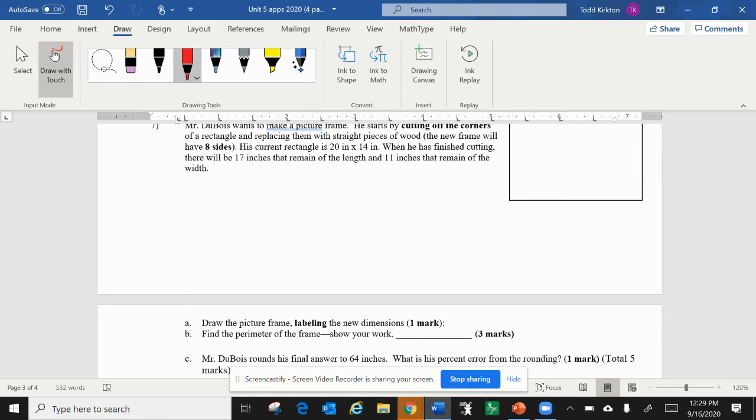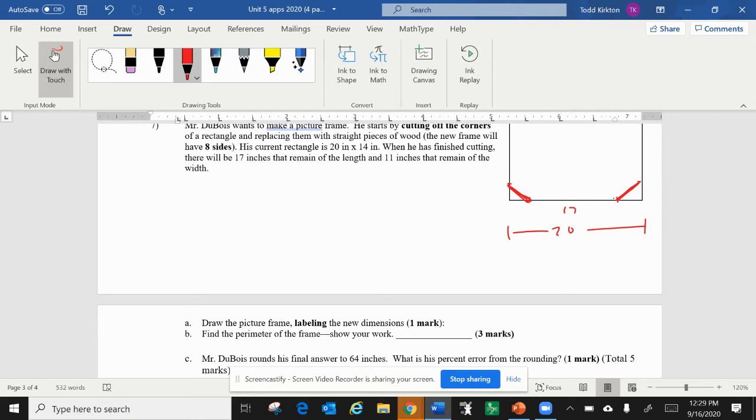11. And so if you had 20 and now you're at 17, that means you cut off 1.5 inches at each corner. So the old measurement was 20, and now it's 17. That means there's 1.5 at each corner. And so this problem is basically getting you to think about Pythagorean theorem and just giving your lengths in a different way.